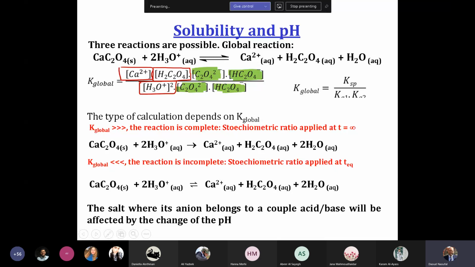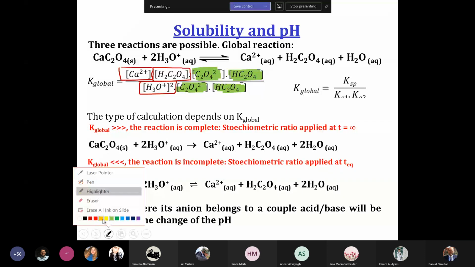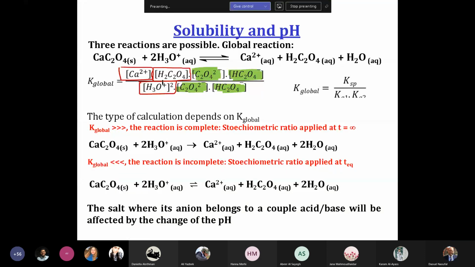In order for KSP, KA1 and KA2 to appear. Ca2+ times C2O4 2- is KSP.